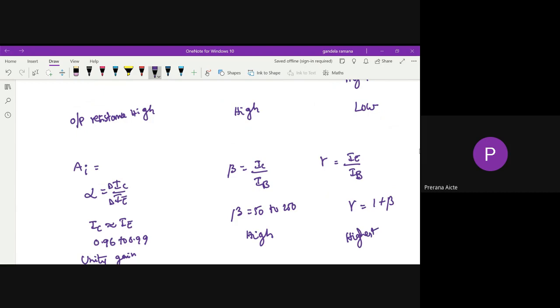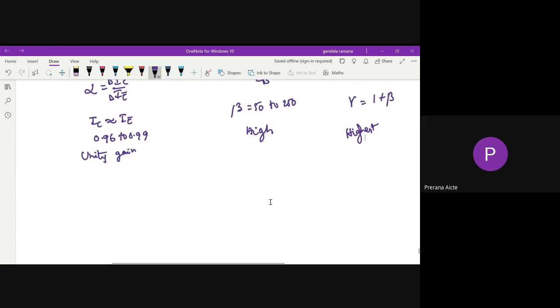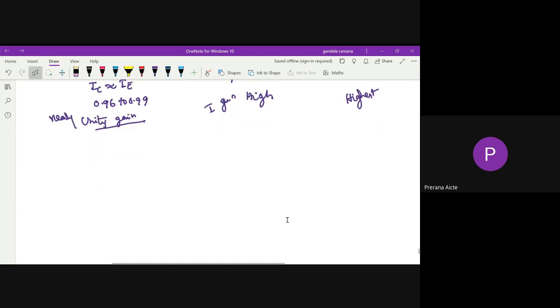So come to the voltage gain. Voltage gain is output by input: output is IC times R0, input is IE times Ri.